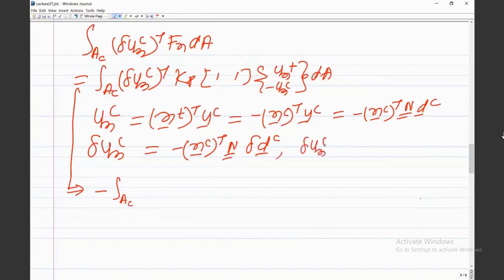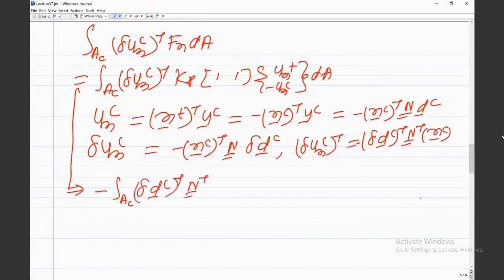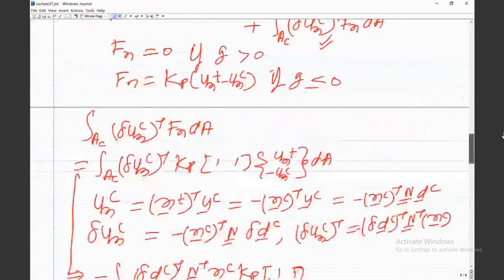Delta UNC transpose would be delta DC transpose into N transpose into NC, with a minus sign. So we will have here delta DC transpose into N transpose into NC, and then KP, and then the vector 1 1, and then the UNT minus UNC vector that we have already written.